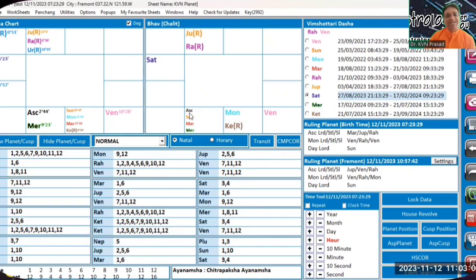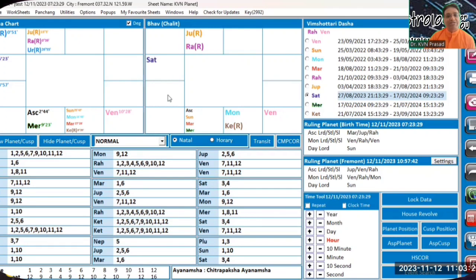That is the reason it has come here. So in the ascendant, the first house, you will consider not just Mercury but Sun and Mars also in the first house, not in the 12th house. So all your predictions will be different. This is the major change.